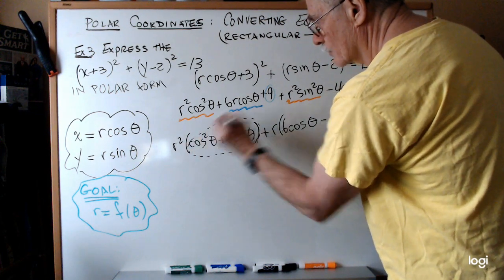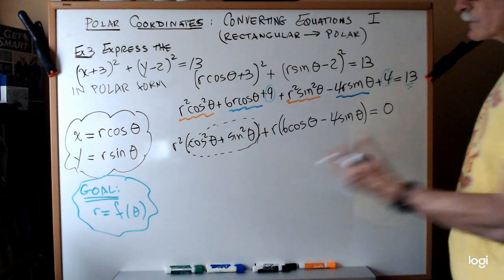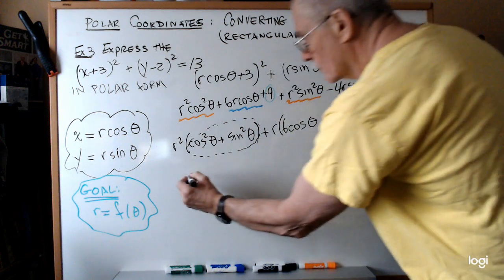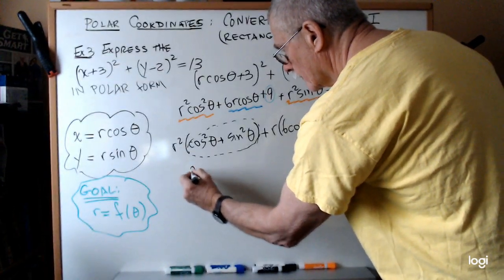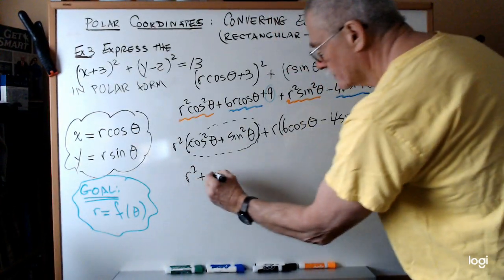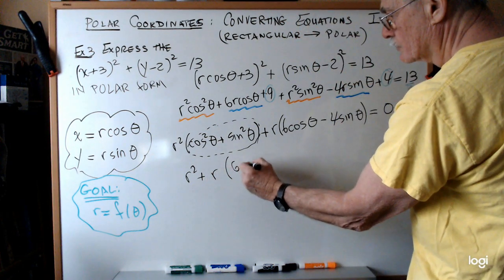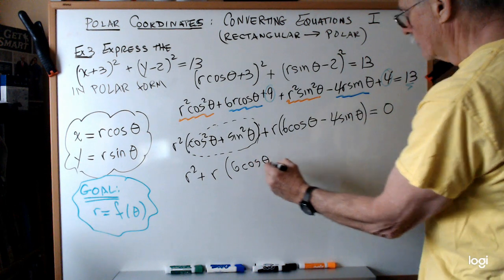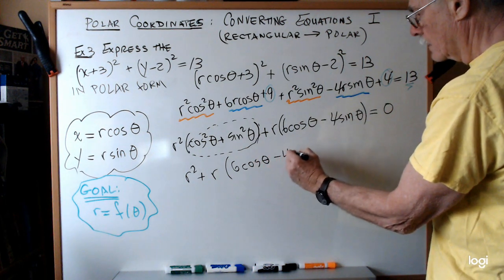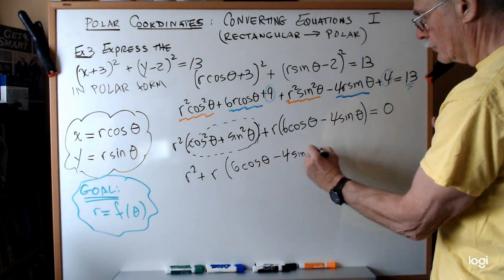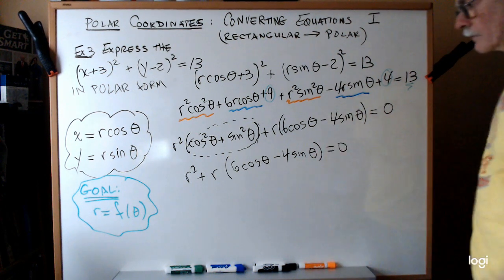This is the most famous of the Pythagorean identities. That's a 1. So you get r squared plus r times this quantity, 6 cosine theta minus 4 sine theta, equals 0.